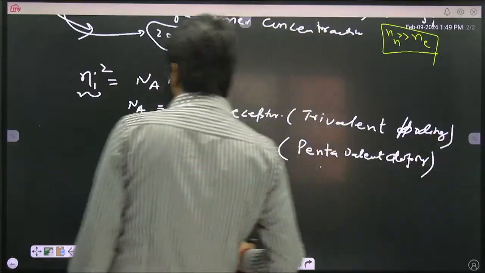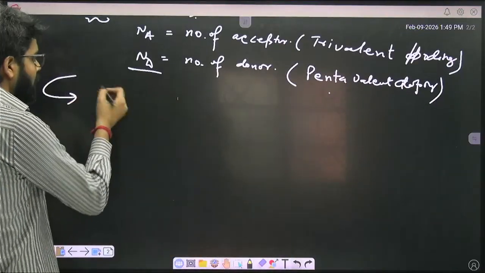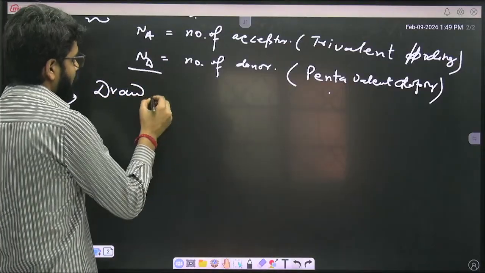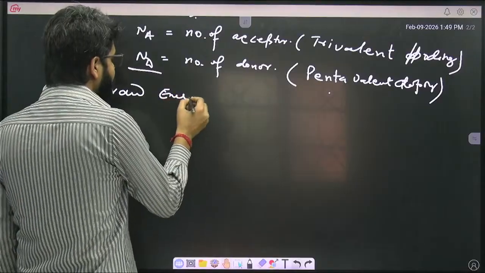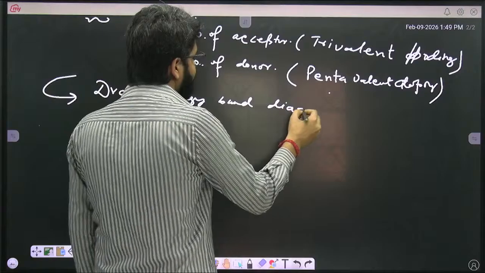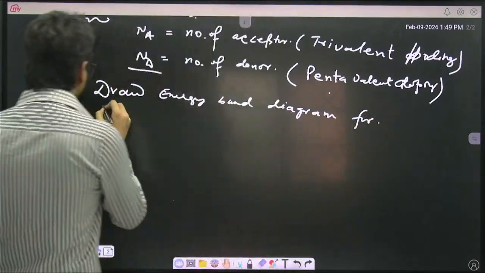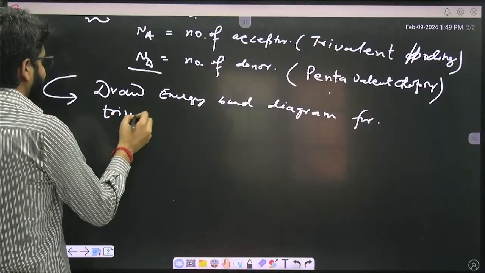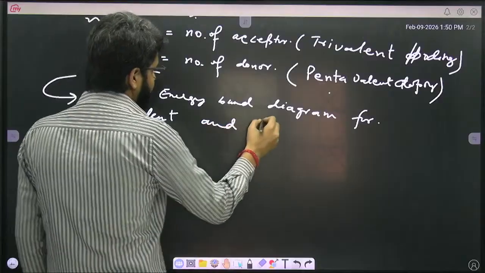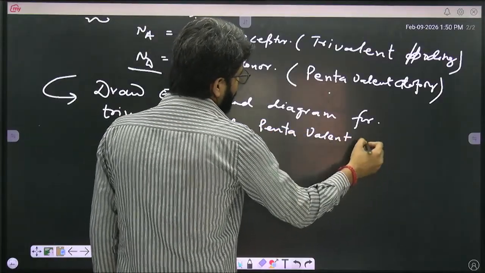Trivalent doping. There is also one more thing you have to consider: you have to draw the energy band diagram for trivalent and pentavalent doping.